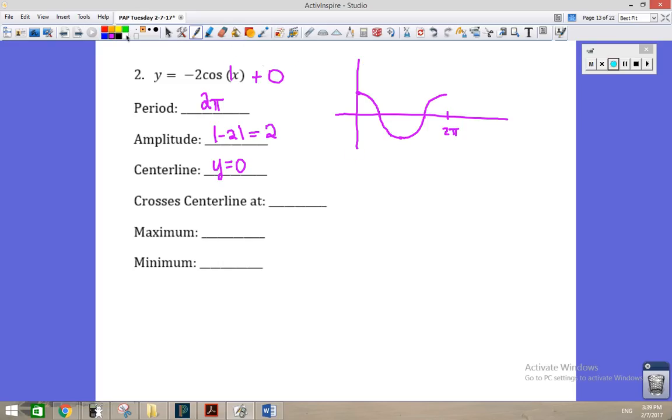So let's extend this down. So this point that was at 1 is down here at -1. And this was at -1, and now it's up at +2.